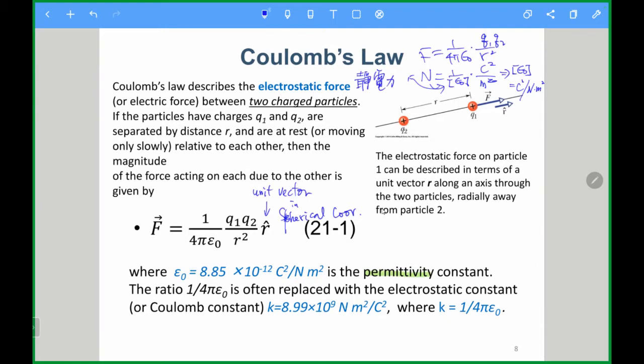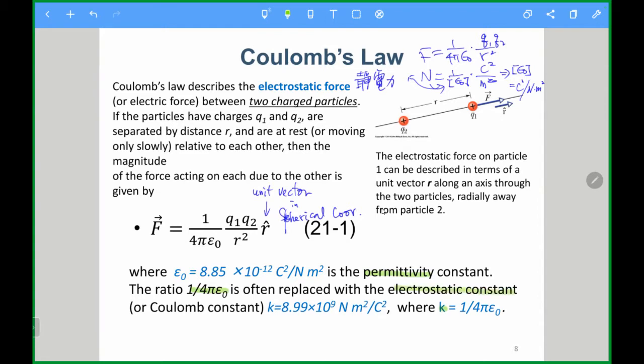Actually, we also define another constant, call it K, because in electrostatics or even in electrodynamics, 1 over 4 pi epsilon naught usually occur together as a composite constant. So we define 1 over 4 pi epsilon naught as the electrostatic constant, or the Coulomb's constant.